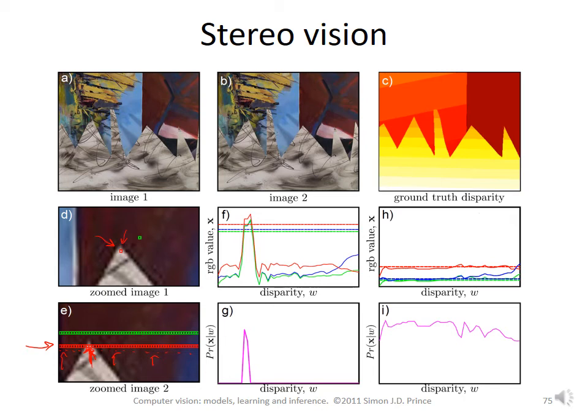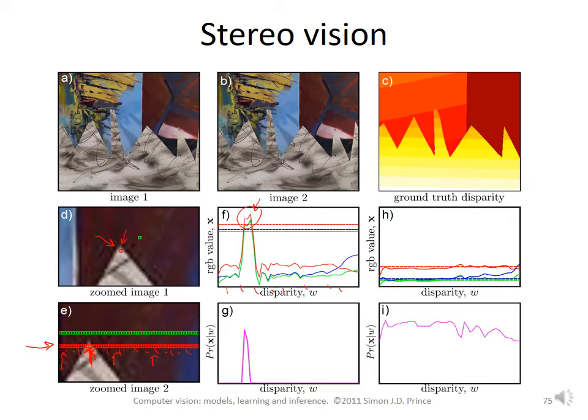And so in this case, you can look at the red, green, and blue channels, and you could compare under our Gaussian assumption how similar the patches are at different disparities. So here we have different disparities, corresponding to the different disparities in image 2, and we see that there's this nice set of peaks right around here, which are telling us, yes, in fact, the peak of that triangle is matching pretty well to the peak of the triangle in image 2.